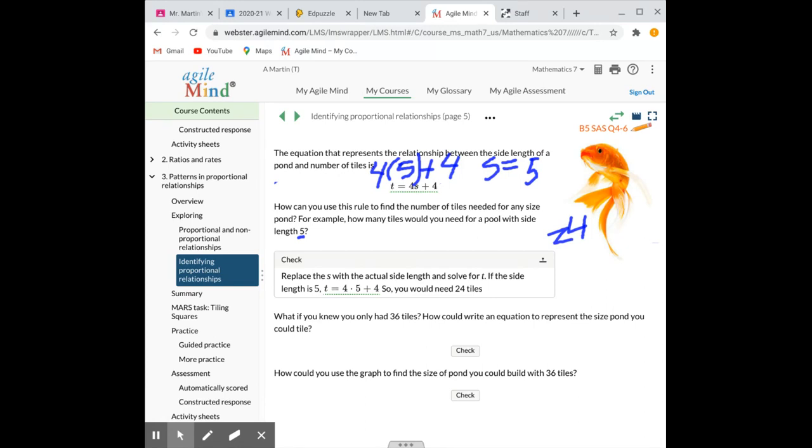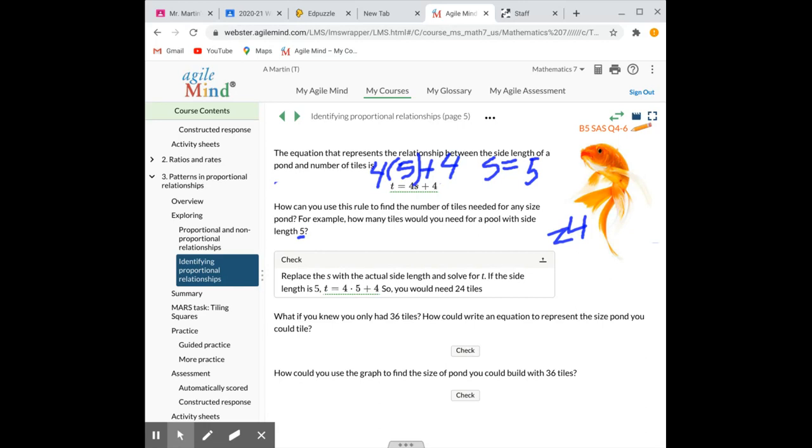Read what that says, Reginald. We can't hear you, buddy. Replace the S with the actual side length and solve for T. If the side length is 5, T equals 4 times 5 plus 4, so you would need 24 tiles.